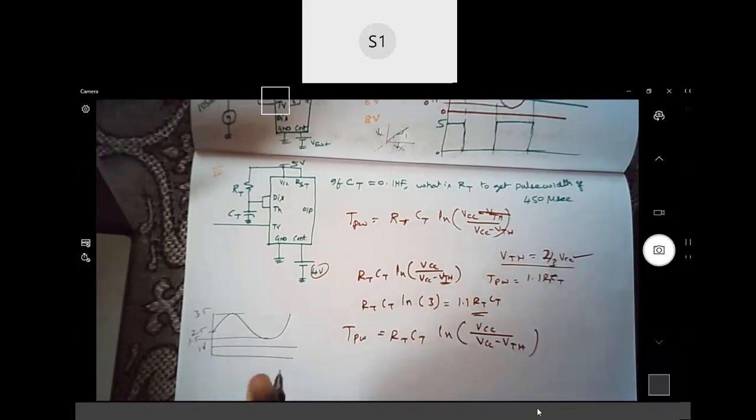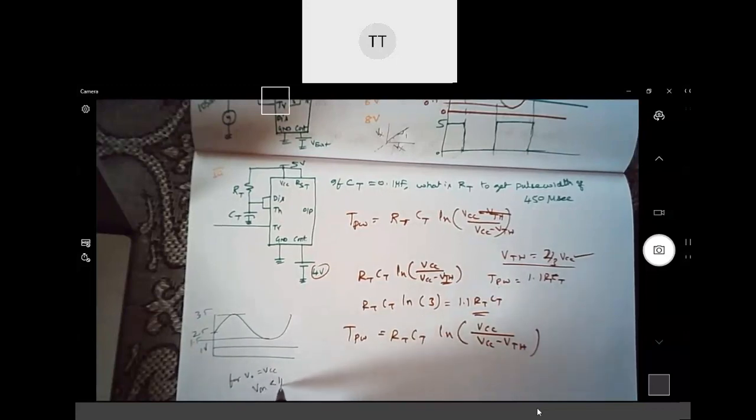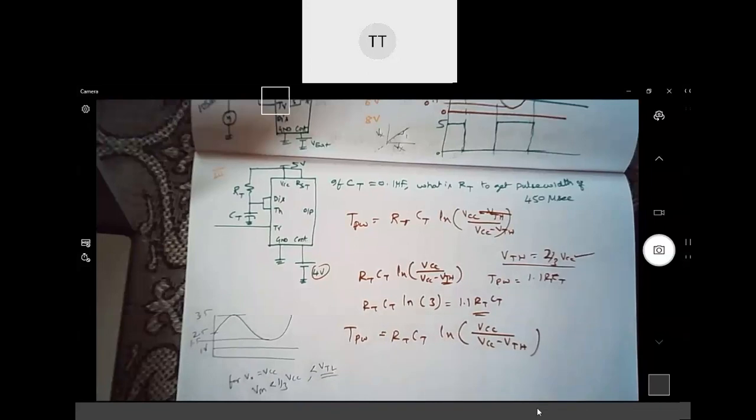For the output V0 to be equal to VCC, Vin should be less than 1/3 of VCC, or in general, less than VTL. Since Vin is not going below VTL, the output stays only in the 0 state.